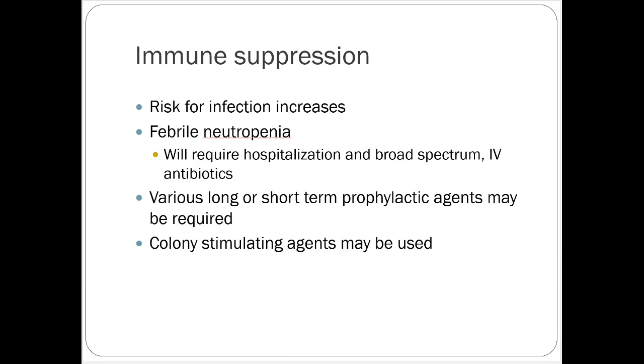Immune suppression. When patients get immunosuppressed, you increase risk for infection, of course. And one of the common complications is called febrile neutropenia. It does require hospitalization. If somebody's undergoing chemotherapy and they come into the hospital, these patients will present with a fever of unknown origin usually.